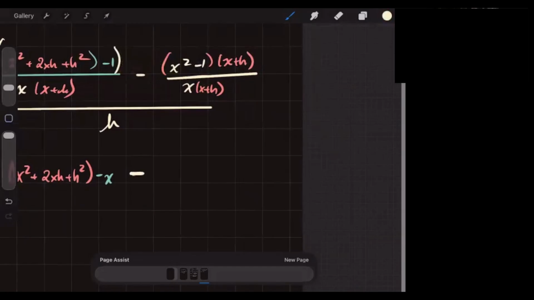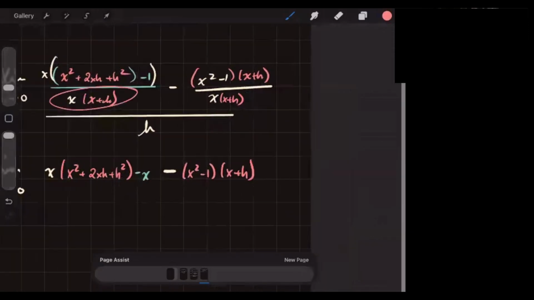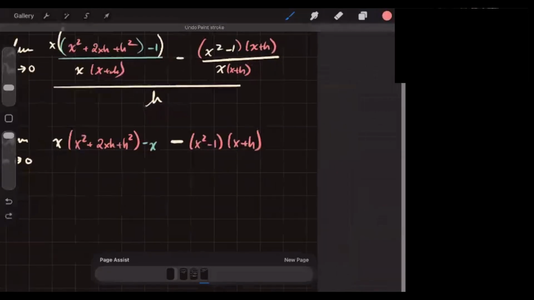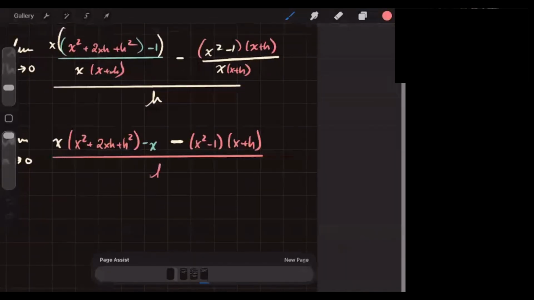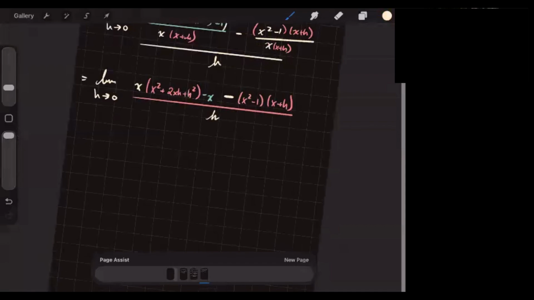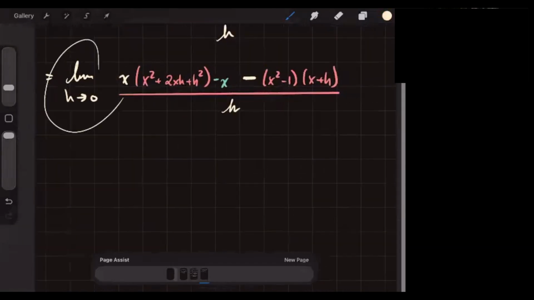Minus, you're going to write x squared minus 1, x plus h, and because the denominators are the same, we have this all over h. Okay. Again, we haven't done a single lick of calc yet. This is still algebra, okay?